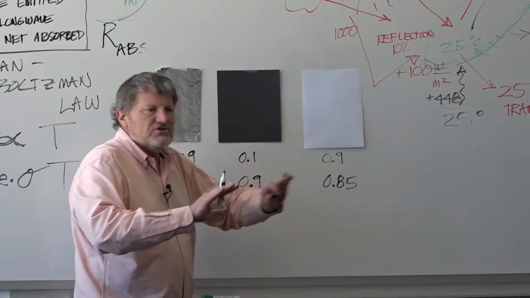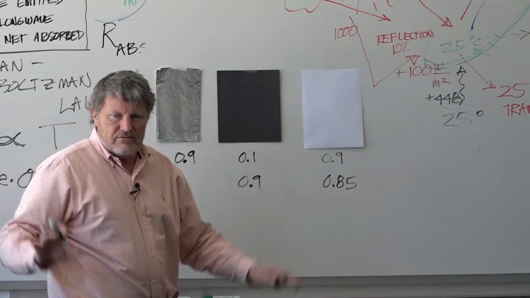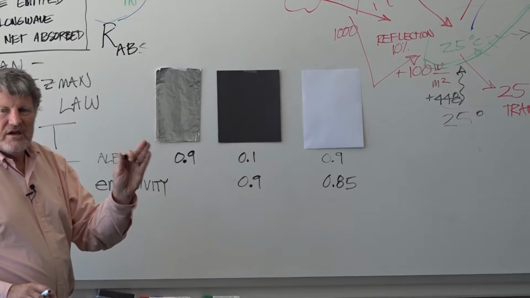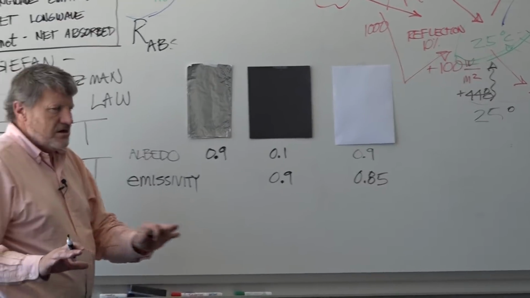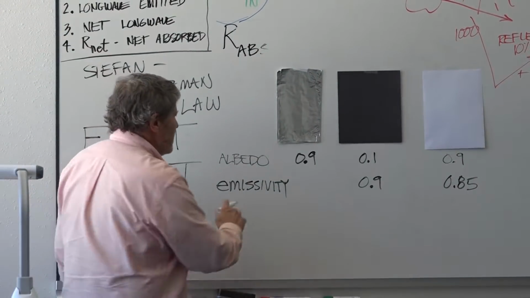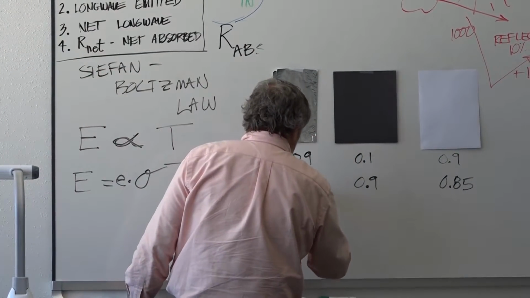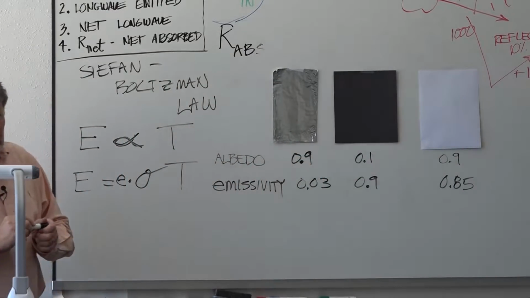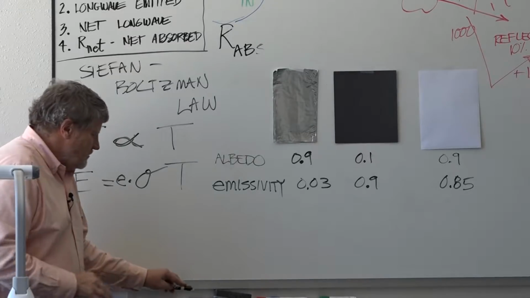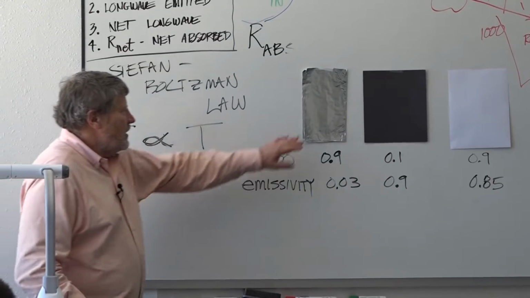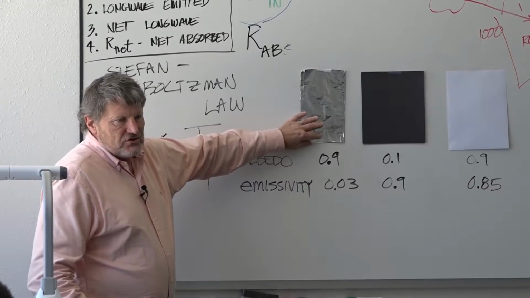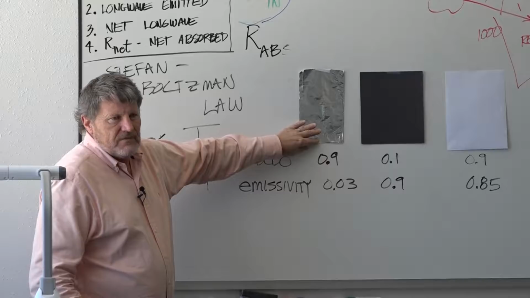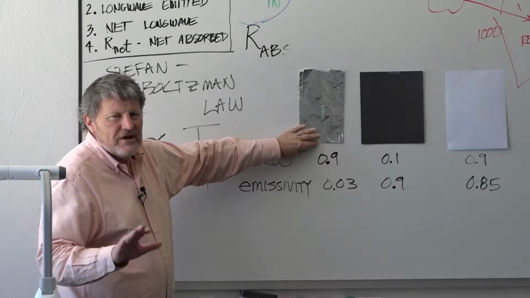A white surface is a fine emitter, similar to black. But now let's take a shiny surface, any kind of polished metal that's shiny. The emissivity of aluminum foil, 0.03. That's a clean piece of aluminum foil. Shiny surfaces are poor emitters. So what does this mean for energy balance?